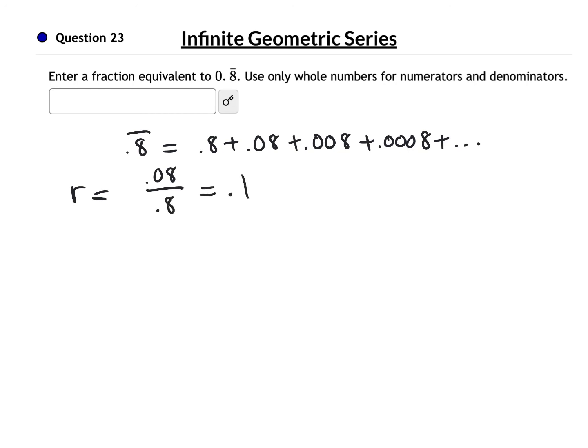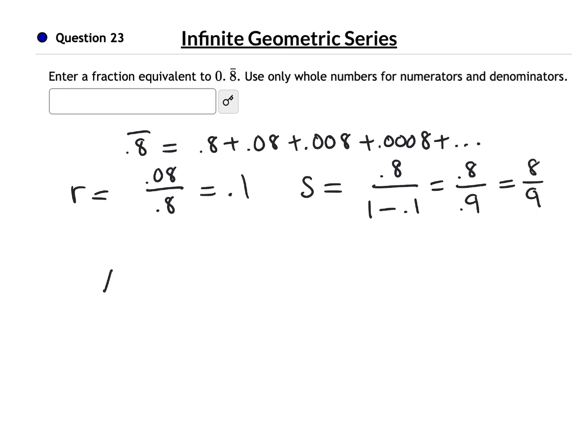This is 0.1. To find that fraction, take the first term, 0.8, and divide it by 1 minus the common ratio, 0.1. This is 0.8 over 0.9. If I multiply the top and bottom by 10 and move the decimal one spot, I get 8/9.